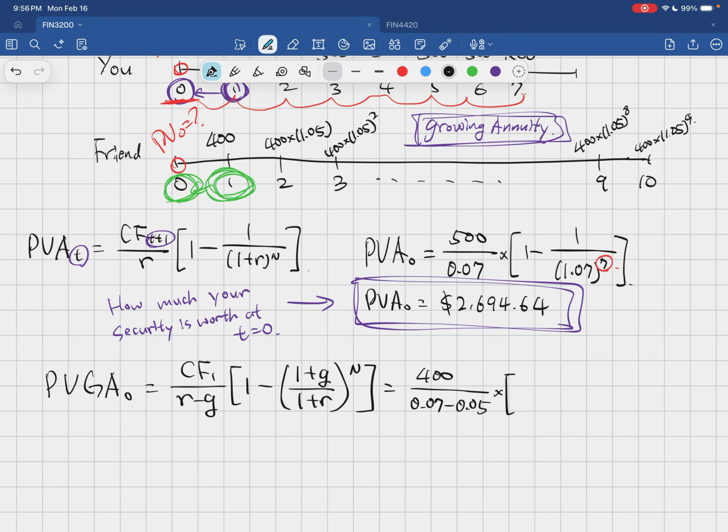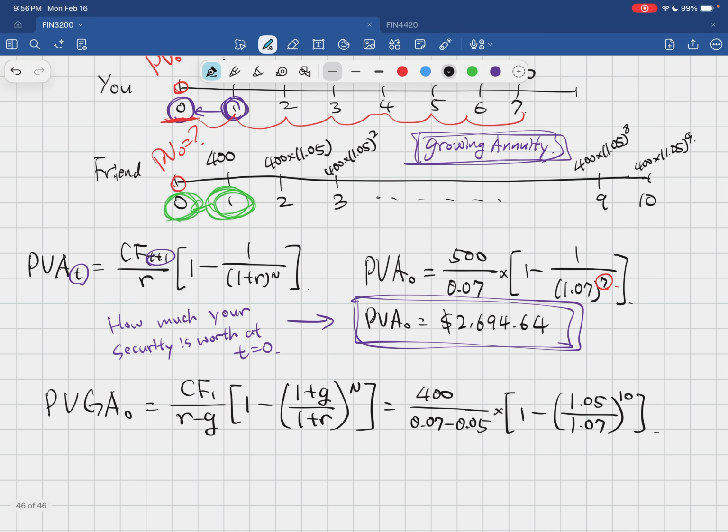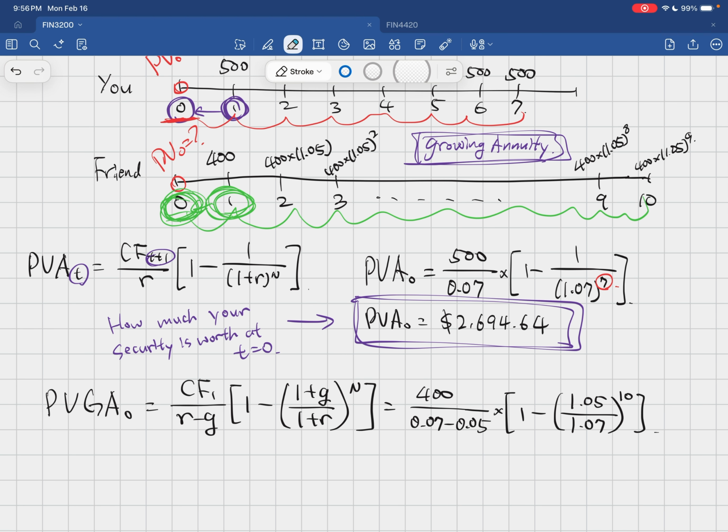And then 1 minus 1.05, 1 plus G over 1 plus R, 1.07, raised to the 10th power. Just like above, we have a growing annuity whose contract was signed in time 0, and it's a 10-year annuity. Okay, so n is 10.